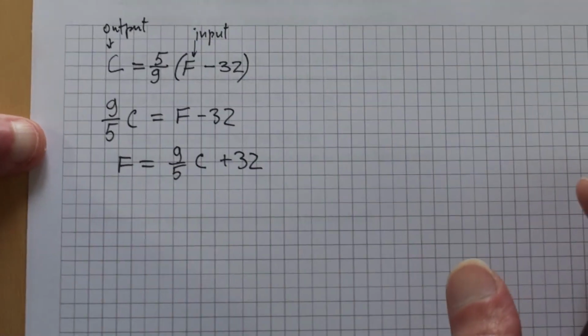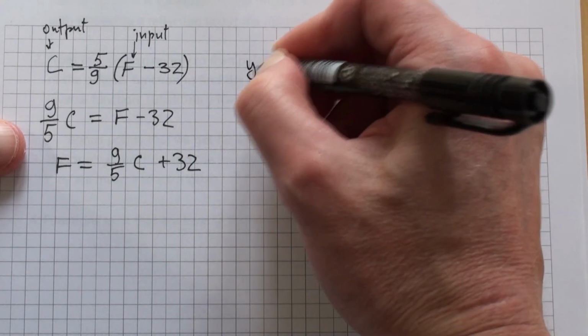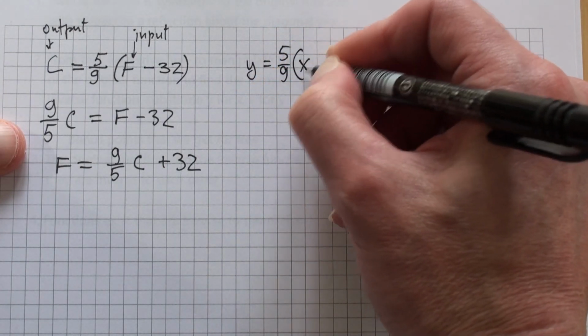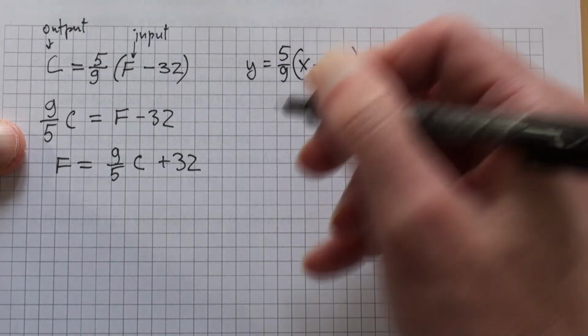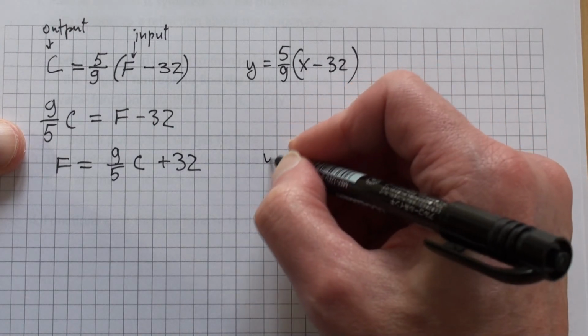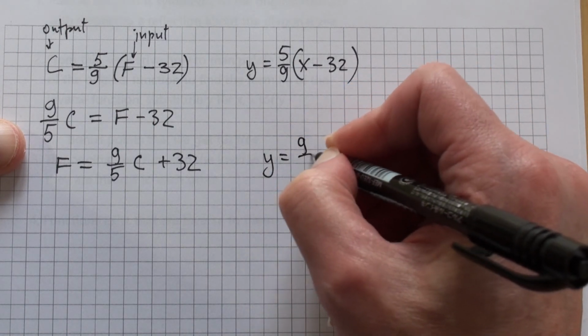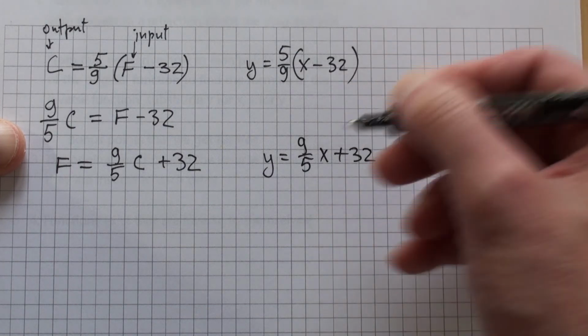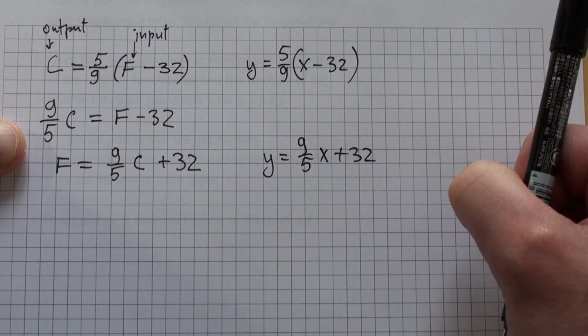What is actually happening is this: y equals 5/9 times x minus 32, and the inverse function, this becomes the output, y equals 9/5 x plus 32. Now they are different expressions, like we expect.